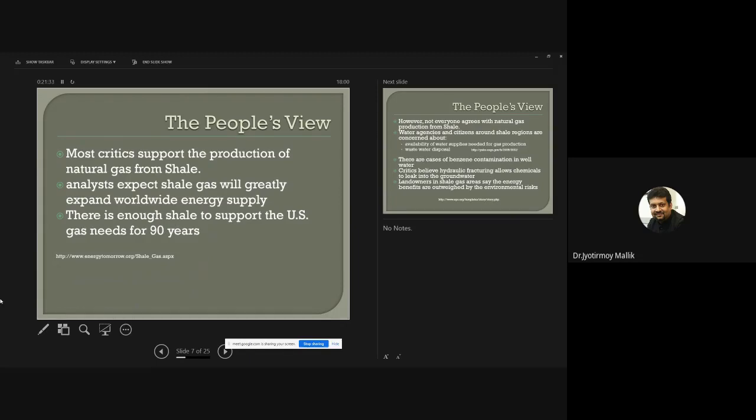Most critics actually support the production of natural gas from shale. All the Greenpeace movements are kind of in support of shale gas. Analysts expect gas will greatly expand worldwide energy supply. And there is enough shale gas to support the US gas needs for the next 90 years.